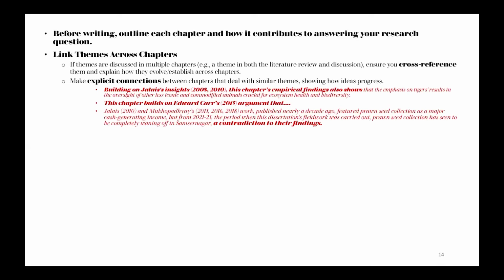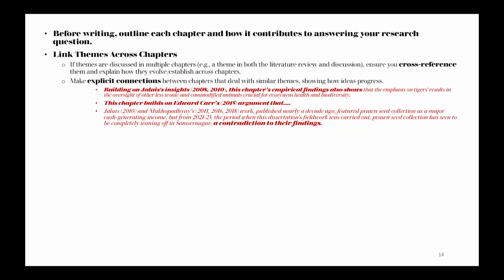It is also important that you have already introduced certain literature and themes in your introduction or literature review, so keep cross-referring to them whenever you discuss them in your body chapter.